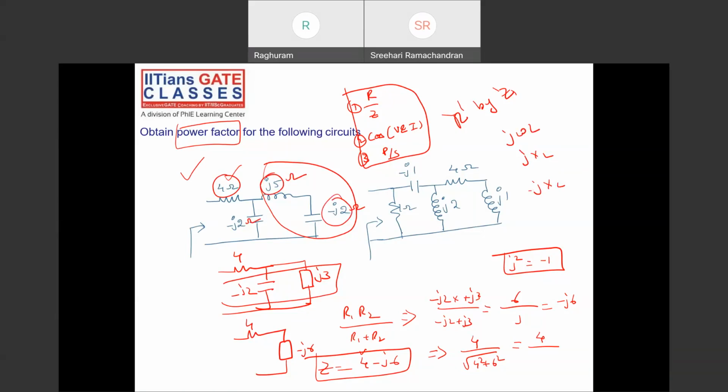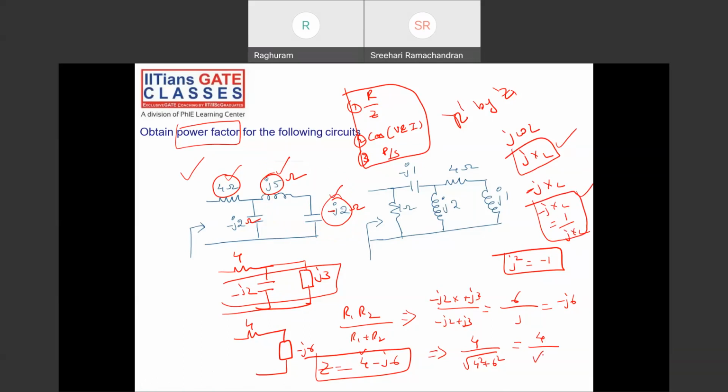For capacitance you'll always have minus, right? Minus J XC or 1 by J XC. In these two forms, it's a capacitor. J XL is always an inductor. This is inductive reactance, and this is capacitive reactance, not inductance or capacitance values.